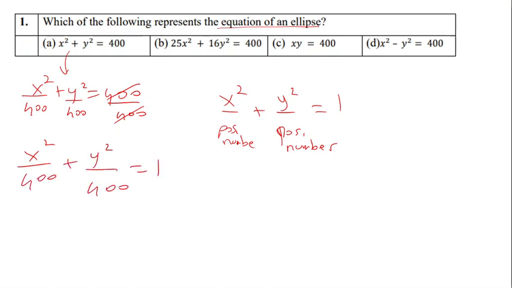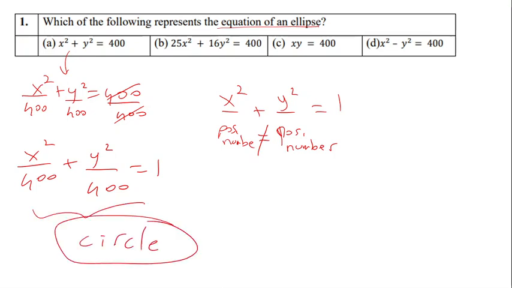But the problem here is we don't want them to be equal, because if they are equal, this makes a circle. A circle is a kind of ellipse with the same numbers here. So this is a circle. This is not an ellipse.